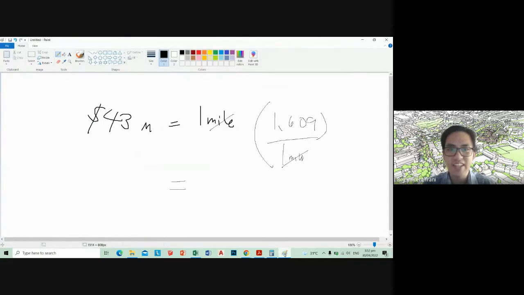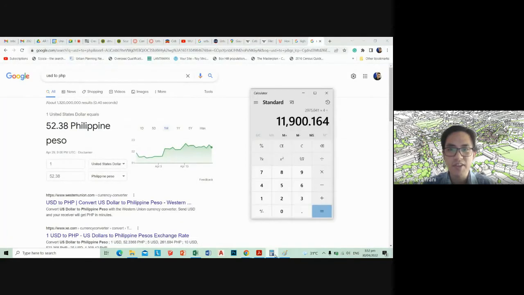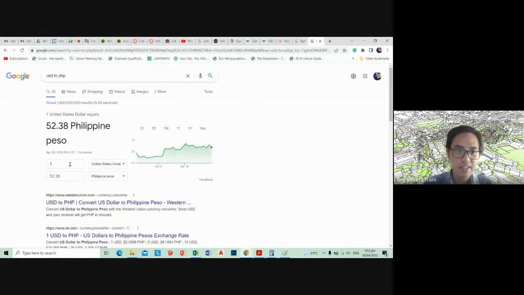Okay, let's see. That's 11.9, 11,900, so that's in billions. So that's 623 billion pesos for 4 kilometers only.